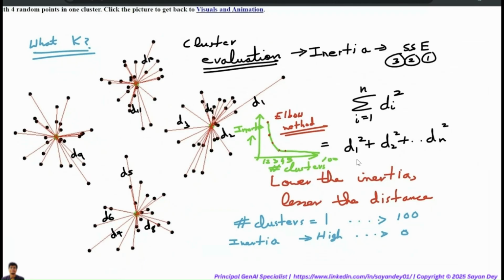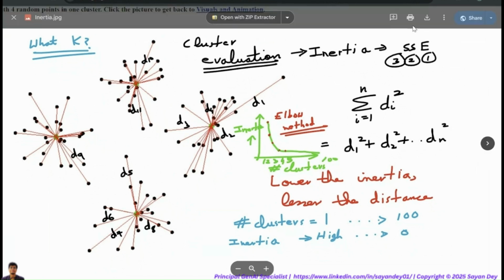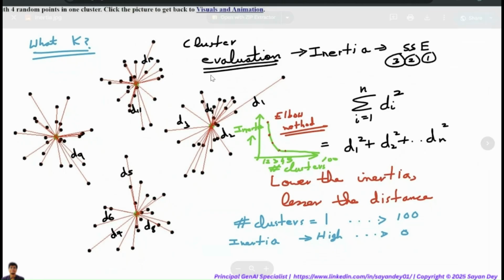What we are doing here conceptually is calculating something called inertia. We are using the inertia metric to calculate the error that is inherently present in the cluster. I repeat, we are measuring the error in the cluster using inertia.